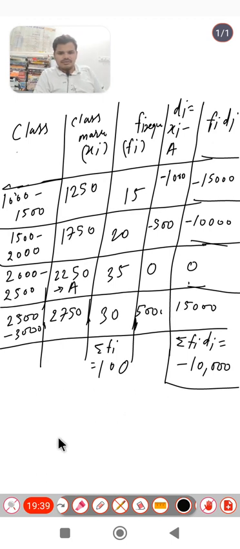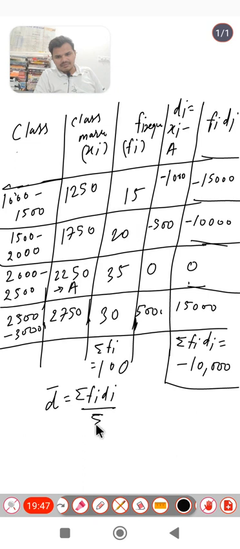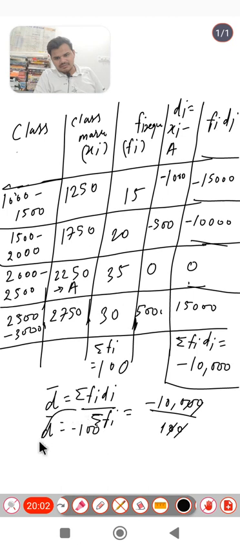Now we have to calculate the value of d bar. D bar is the summation of fi into di upon summation of fi, that is minus 10,000 upon 100. The zeros get cancelled, so d bar is minus 100.